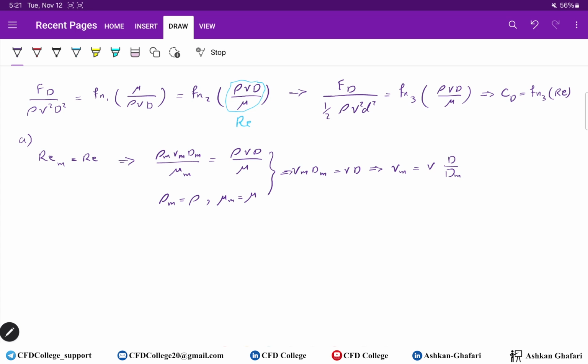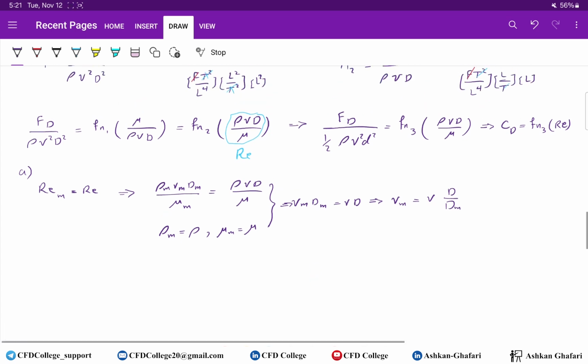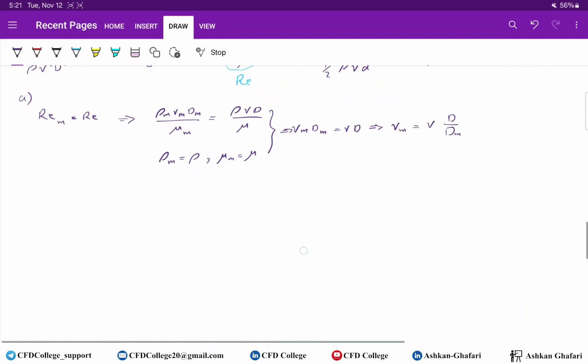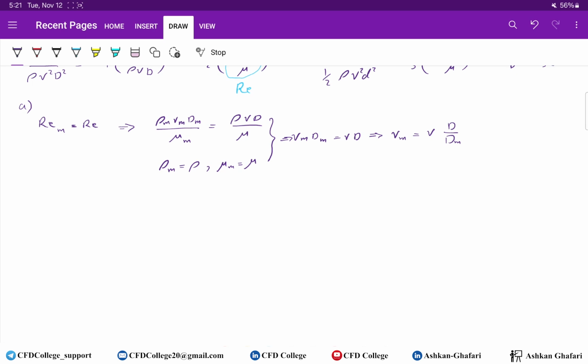And as you know, the scaling factor is 1 to 4. It means that dm over d is 1 to 4. So d over dm equals 4.